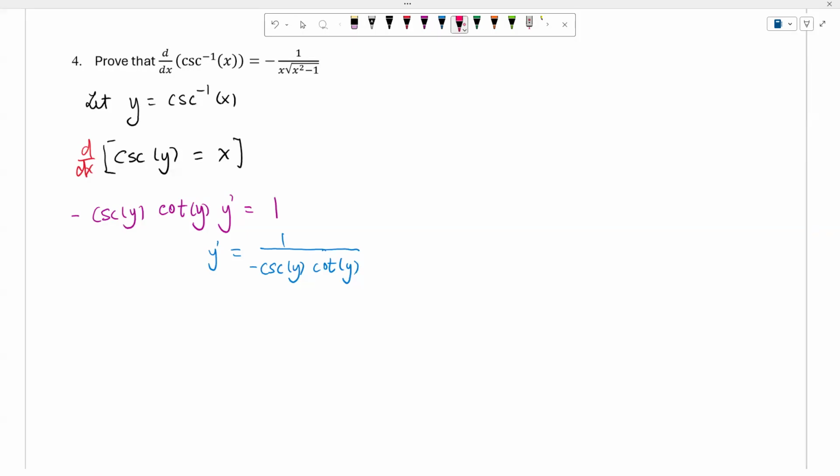And again, we know that the cosecant of y equal to x, and 1 plus cotangent squared y equals cosecant squared y.